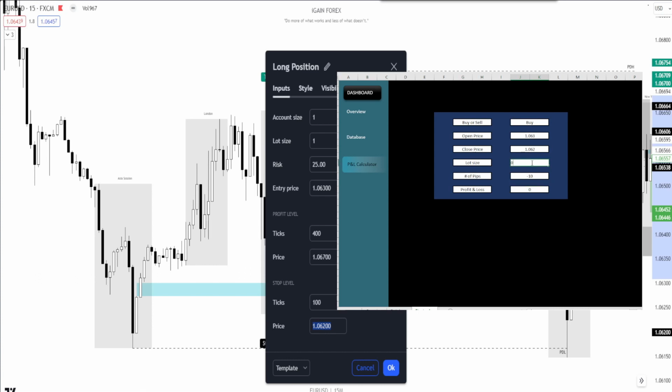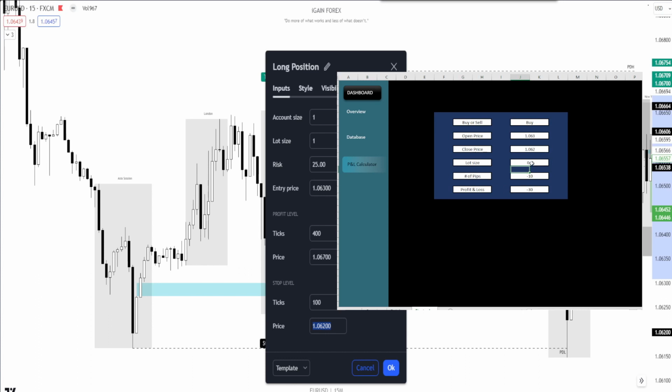So let's say 0.1 lot, that's exactly -$10. Let's say 0.3, that will be our risk if we lose the trade, -$30.